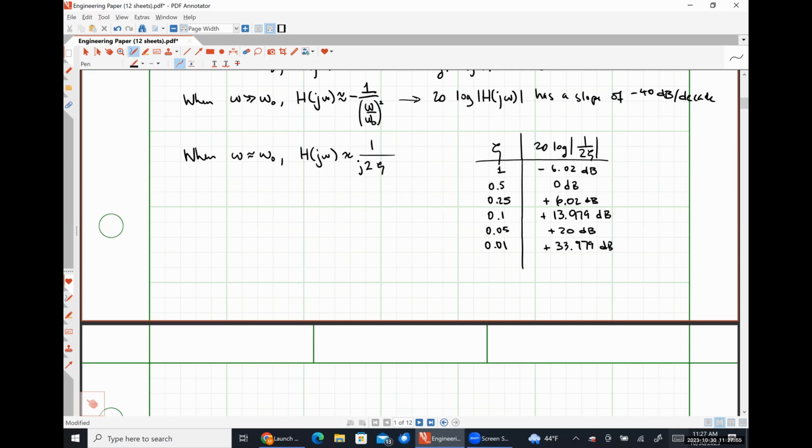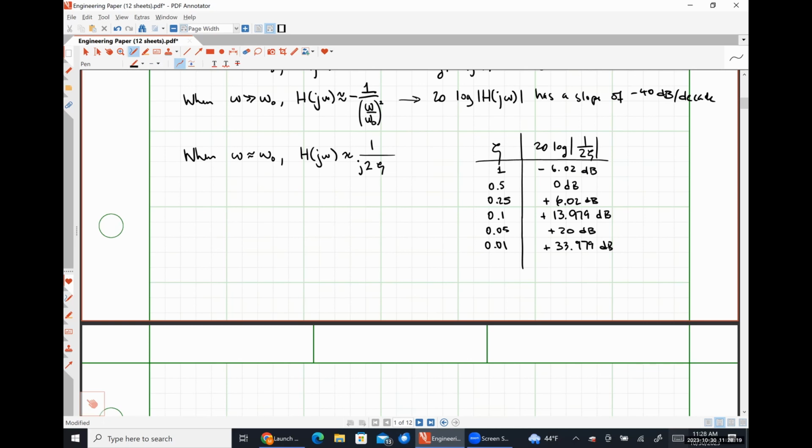So to answer Grayson's question from earlier, what would happen if zeta is equal to 0? Our response at omega naught would go to infinity. We would have an impulse function at that specific frequency. We will never really be able to achieve that because our system will always have some damping factor.